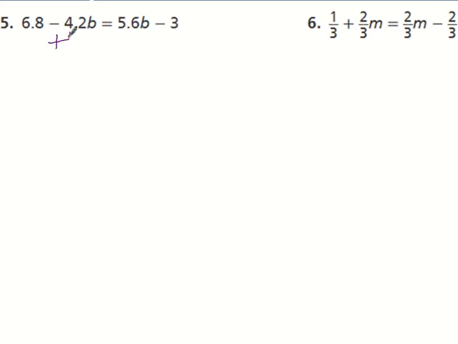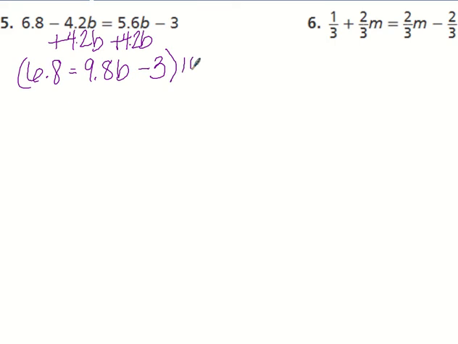So I would add my 4 2/10b, maybe just get those variables together. Like I said, you don't have to get rid of the decimals with that trick from our last video. So 6, 7, 8, and 9, so 9 and 8/10b minus 3. Maybe now you want to times by 10. It's nice, it is just 10. Get rid of those decimals.